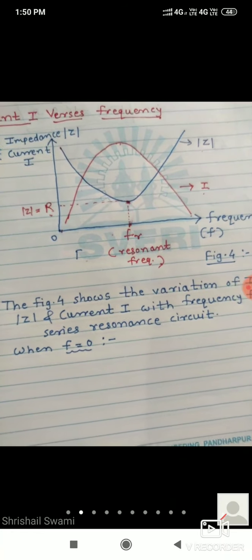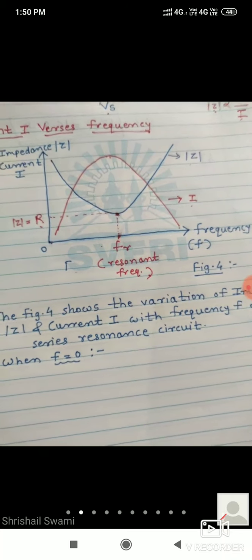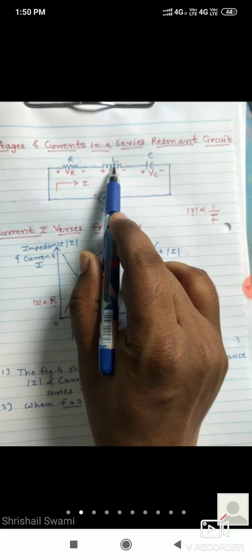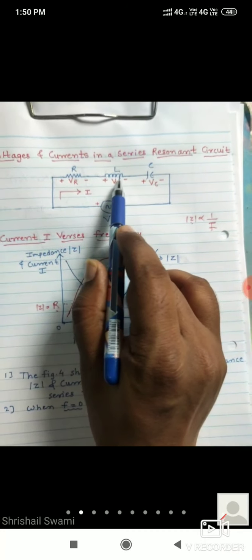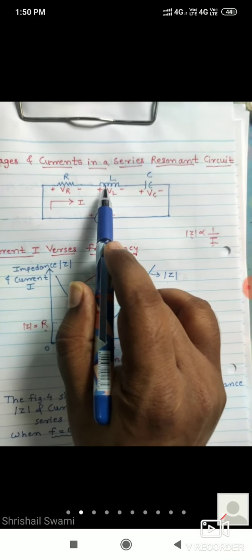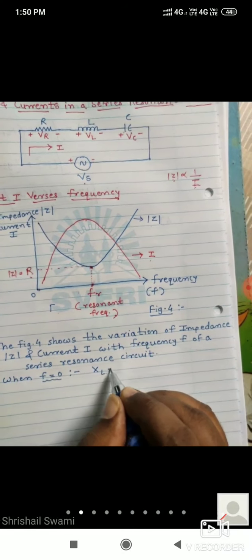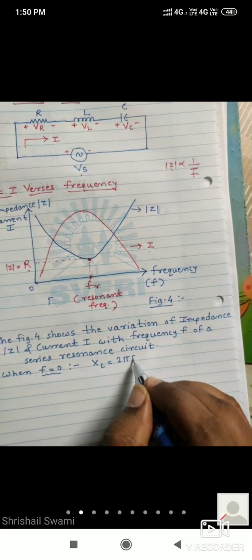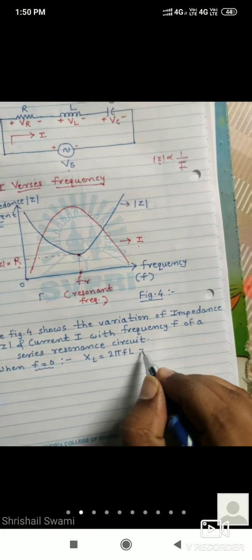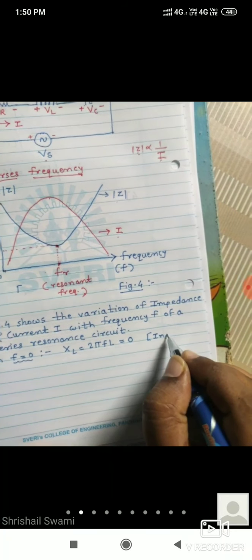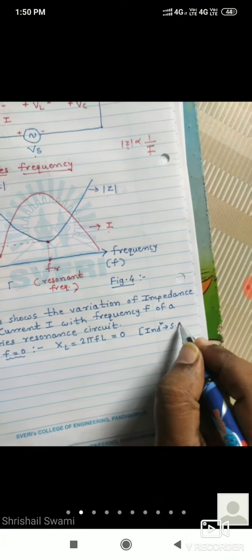It is minimum. When the frequency is 0, the inductor becomes short. Yesterday we saw this point. When the frequency becomes 0, what is the value of XL? XL is equal to 2 pi F L, so it becomes 0. So the inductor becomes a short circuit.